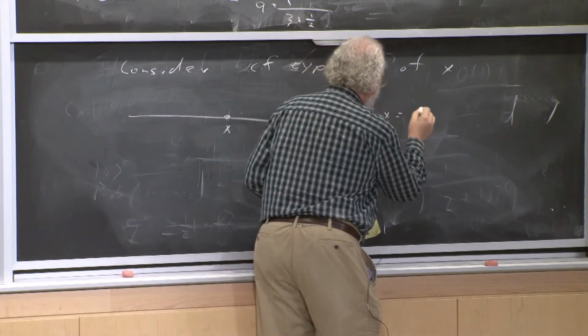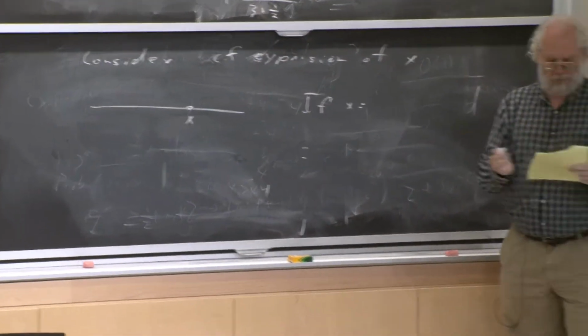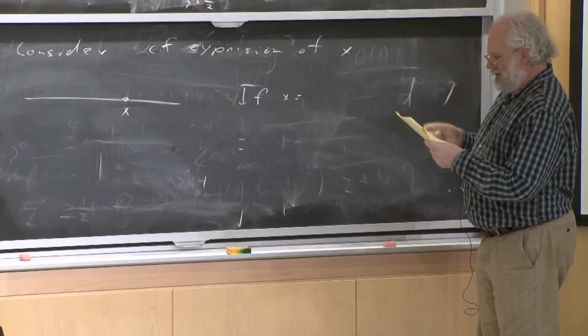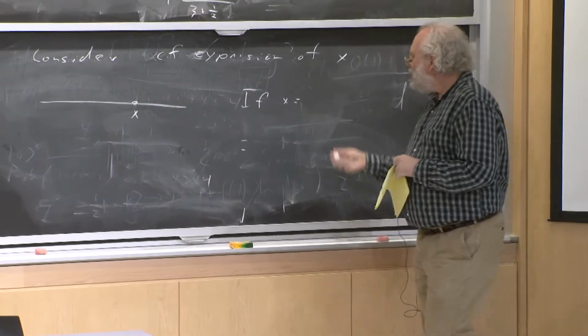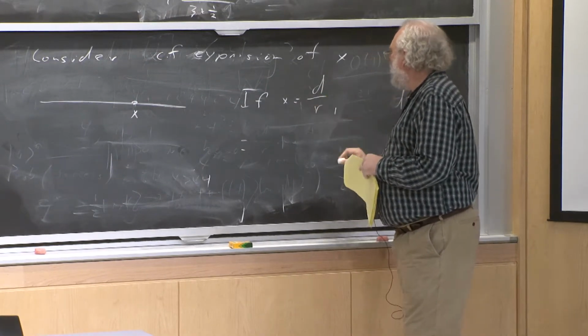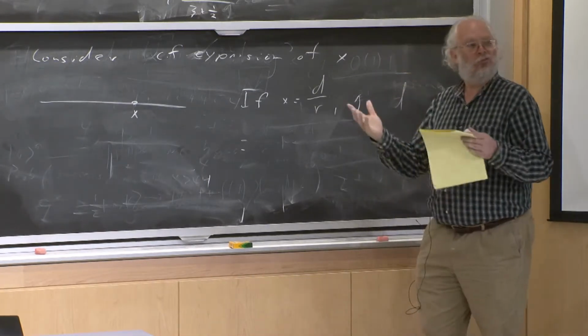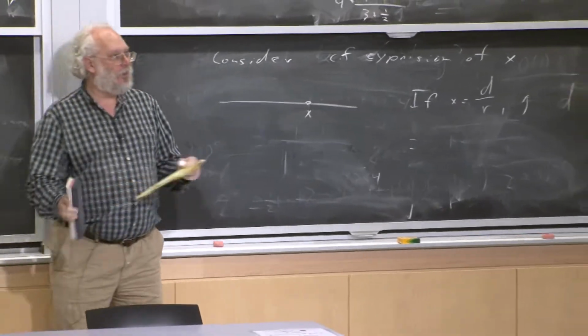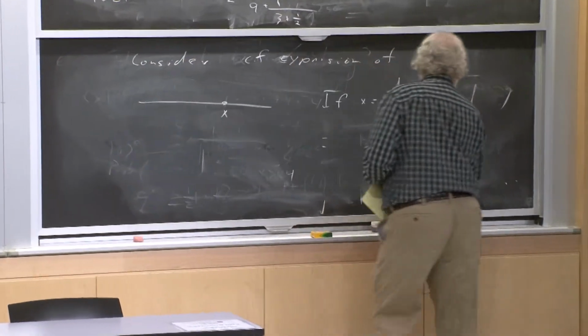If x equals d over r, well, we get the right answer because one of the convergents of any rational number in the continued fraction is the rational number itself.